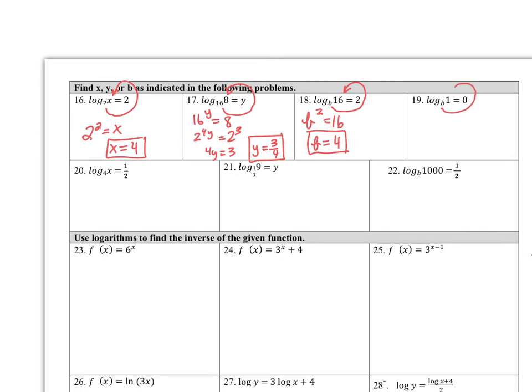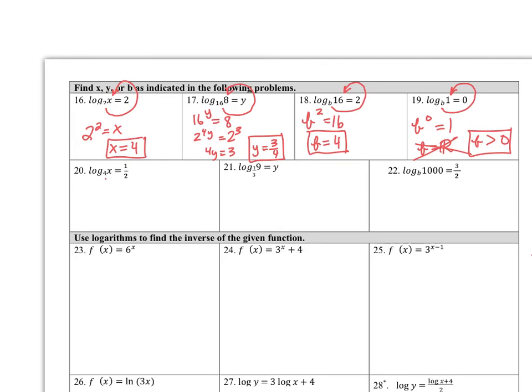This is b to the 0 power is 1. And at first I was thinking that b would be all real numbers, but remember 0 to the 0 is undefined, so you can't even do that. And then we can't have those negatives, so now we know b has to be just greater than 0. So anything greater than 0 would work.